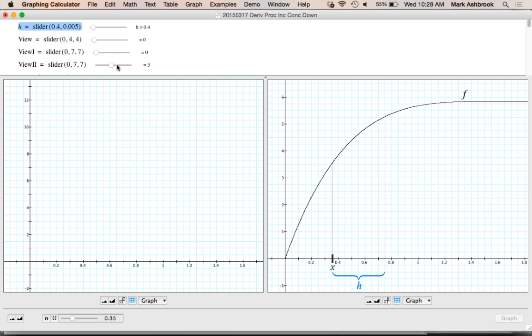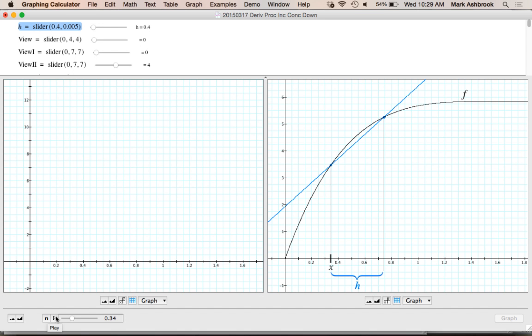Same way we did before. We're going to consider a constant rate of change, but no matter what value of x we start at, that's going to be the left side of our interval. So are we going to get approximate or exact rate of change?